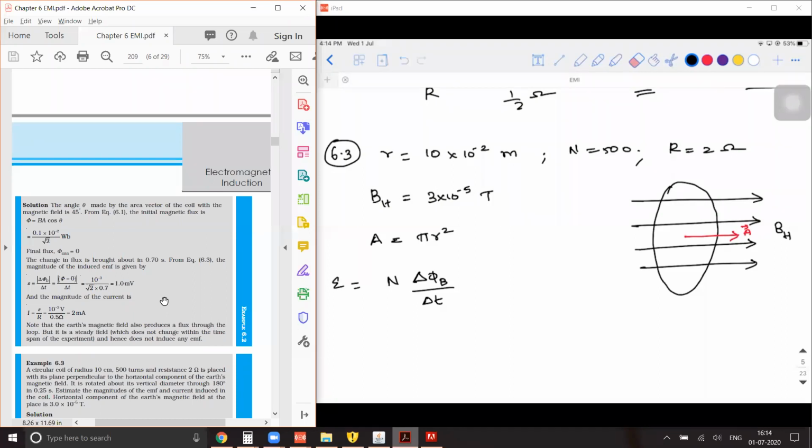It's up to you. You can take 0 or 1 because it's a circular coil. Had it been a three-dimensional shape, I would have told you which side. It's up to you. That is why they ask for the magnitude in this question.